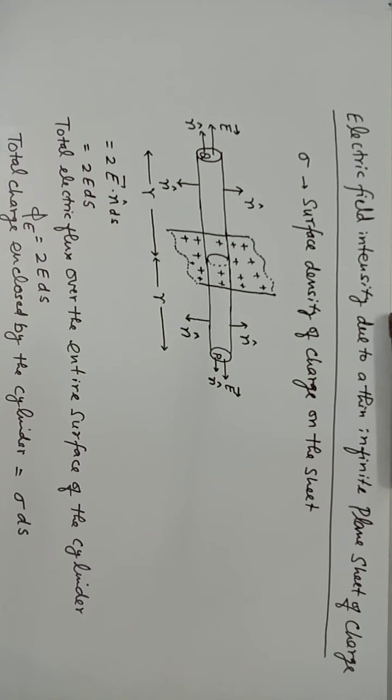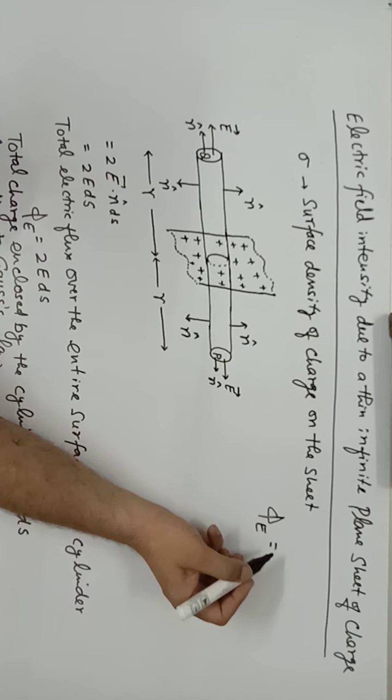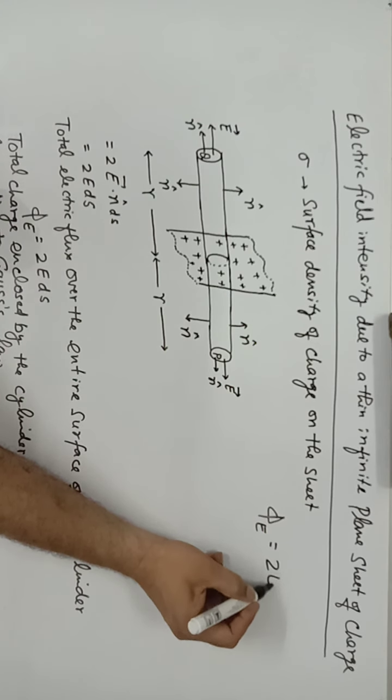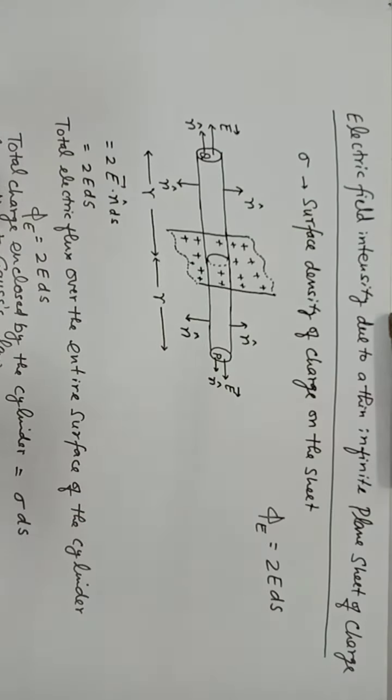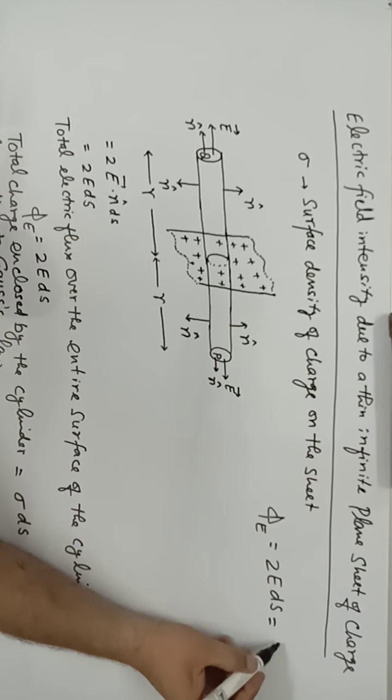According to Gauss's law in electrostatics, the value of phi E, which is 2 E ds, is equal to sigma ds upon epsilon naught.